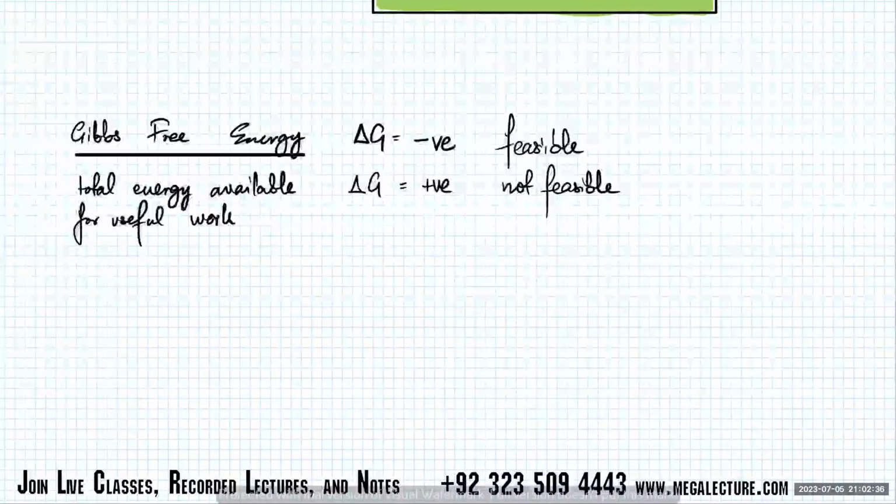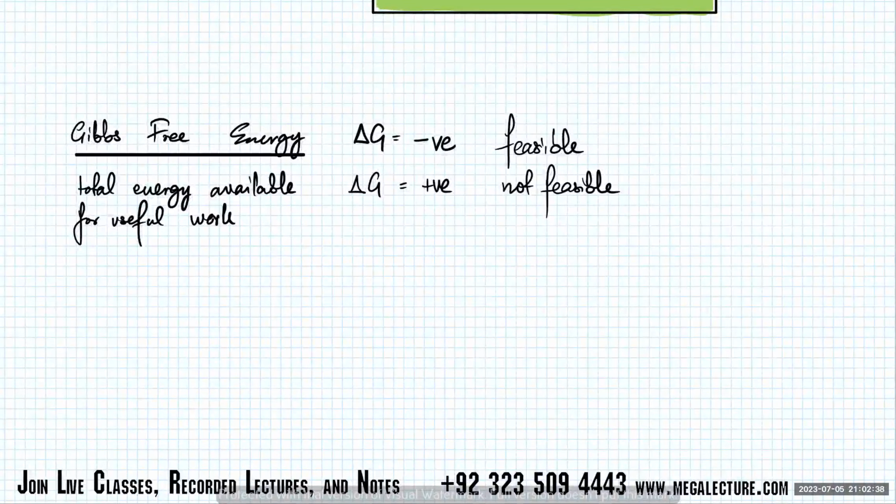So the point is that reactions and systems are feasible sometimes and sometimes not. Sometimes they have enough energy to do everything on their own. Sometimes they don't and they would need energy. So that would make it positive. So is the overall idea clear, what is delta G? Yes, sir.